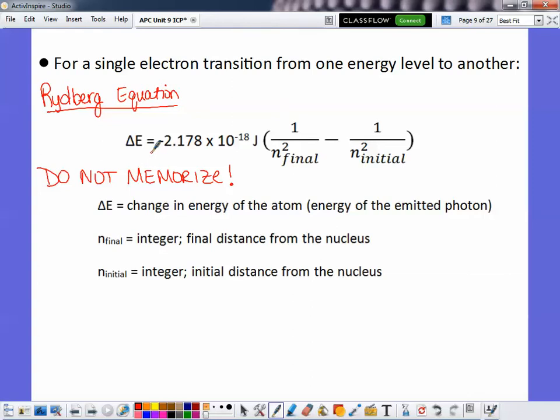When you're dropping down energy levels, say from 5 to 2, this answer is going to be negative because you're releasing energy. The sign of delta E just tells you if the electron is jumping up or falling down energy levels. Kind of like with thermodynamics, it just tells you the direction of the transfer.